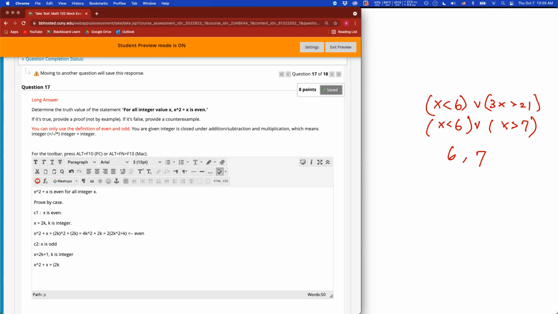Now you can write x squared plus x as (2k plus 1) squared plus 2k plus 1. Now you will get 4k squared plus 4k plus 1 plus 2k plus 1.